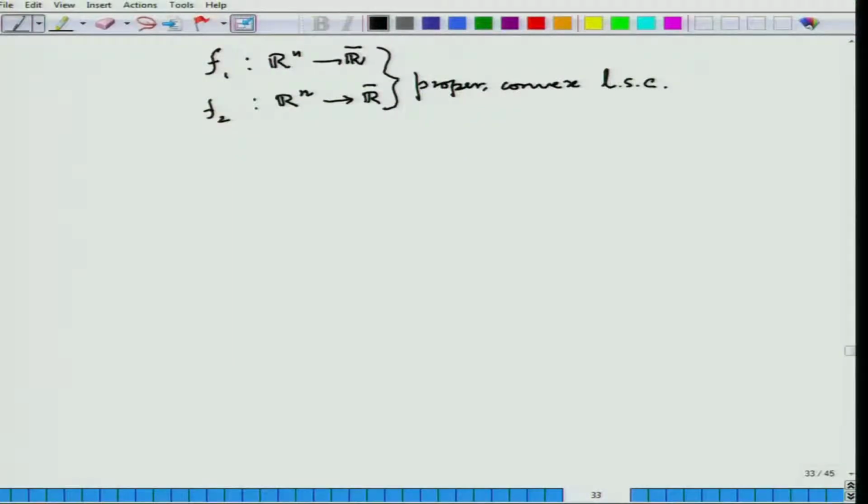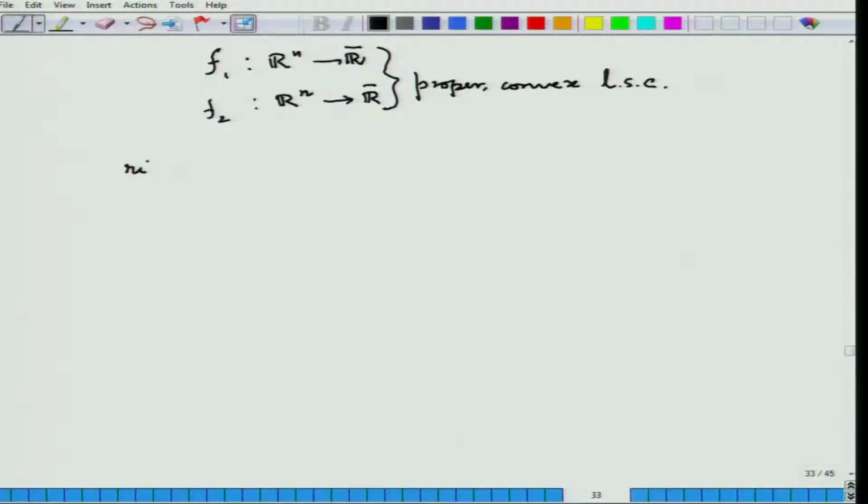It is something beyond continuity. We have already known that if a function is from R n to R and it is a convex function, it is always continuous, but if it is from R n to R bar, we lose continuity because of adding these infinities. But we have something more, which is lower semi continuity, which can be characterized by the epigraph. So even if continuity is lost at the boundary of the domain, we can still have lower semi continuity.